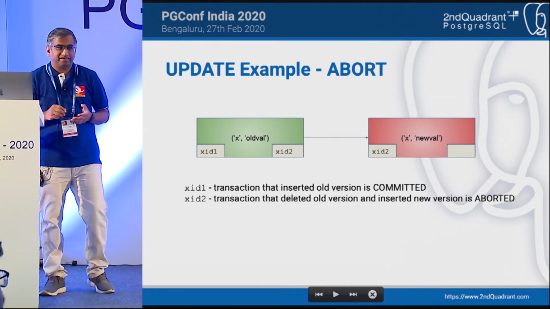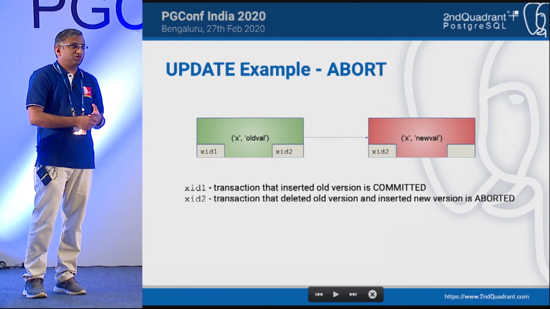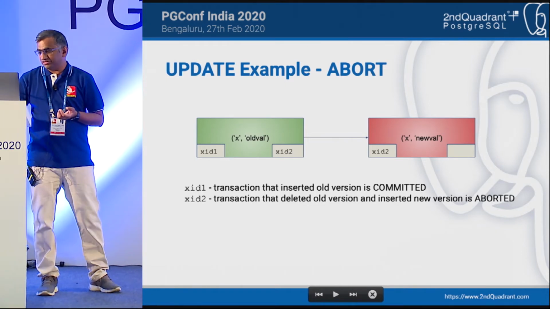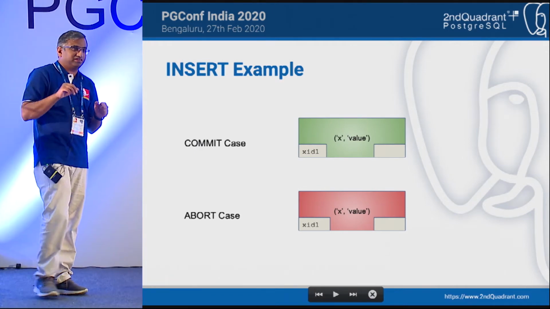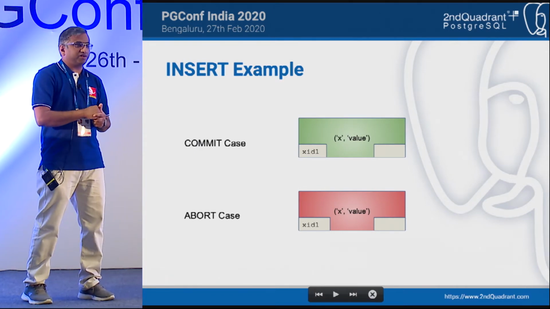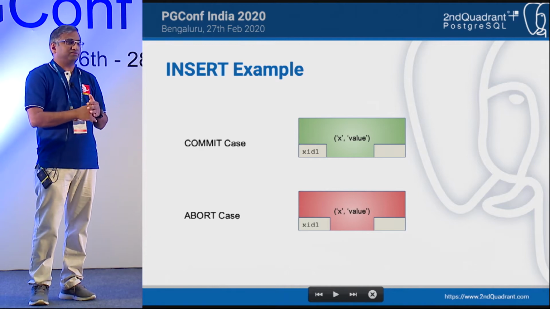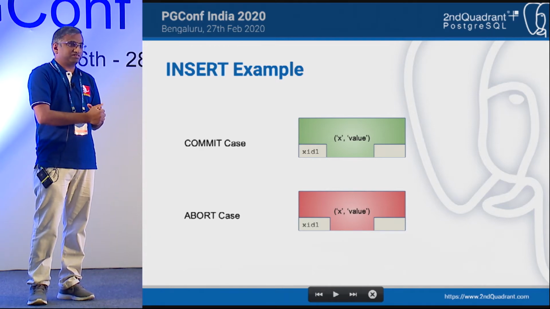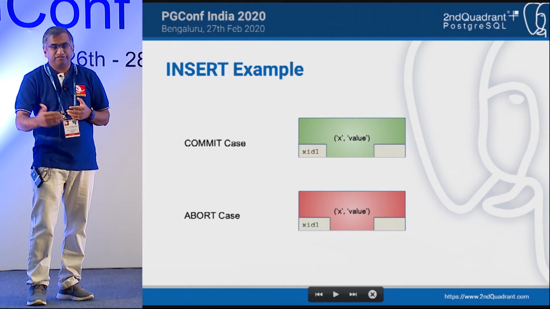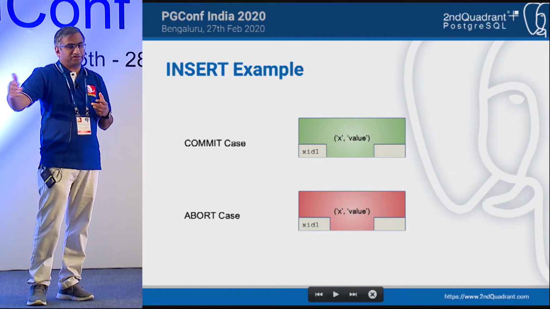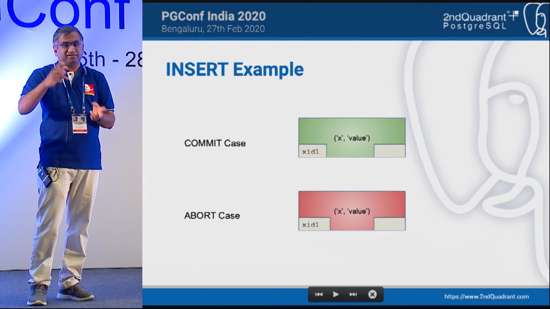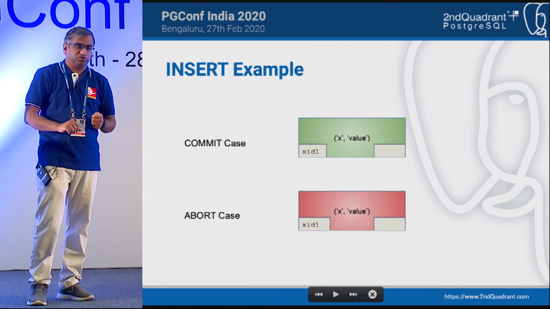And as I said, at any given point of time, you can't have more than one version visible to any transaction. And here, I'm using transaction in a loose way. A more appropriate term would be MVCC snapshot, because a transaction can run with different snapshots, and even for a given transaction, at different points of time, you can see different versions of a row.